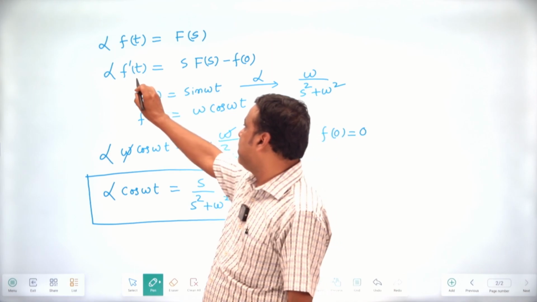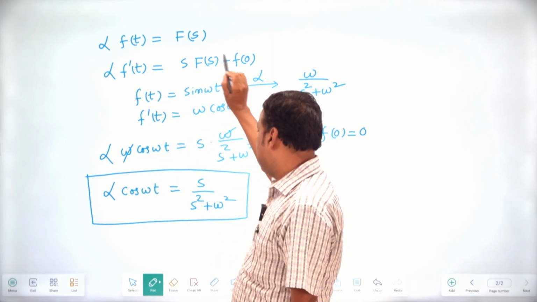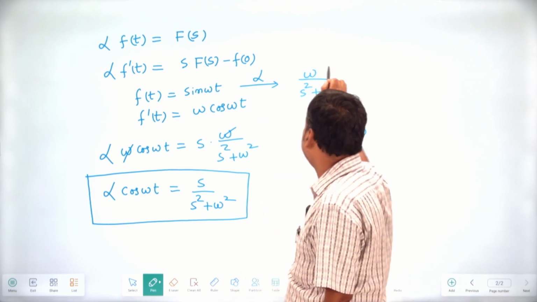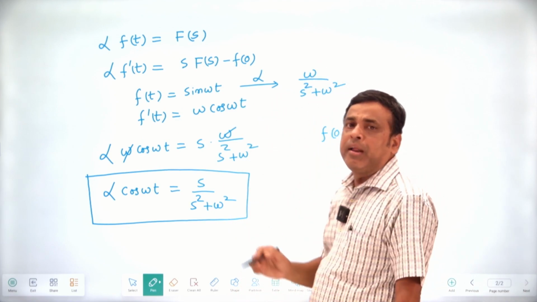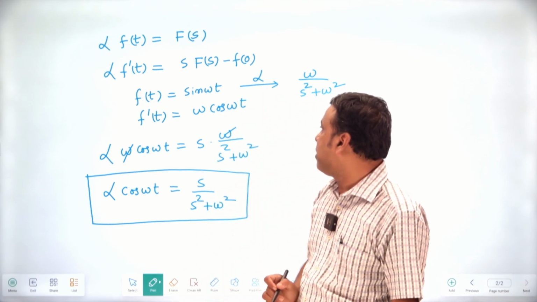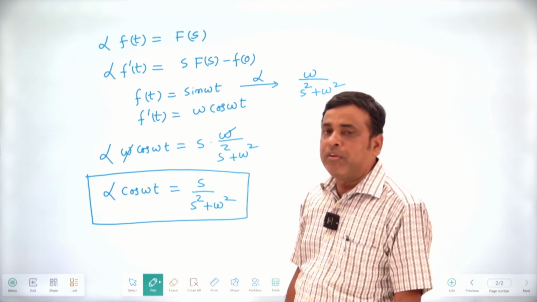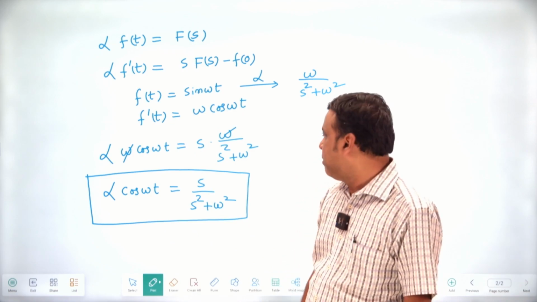In place of f dash t, you put minus omega sin omega t, equal to s into F of s, where F of s is s by s square plus omega square. In this way also you can find the Laplace transform of sin omega t with the help of the derivative of a Laplace transform.